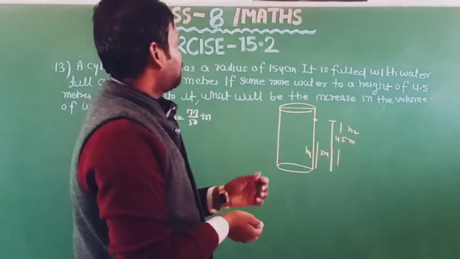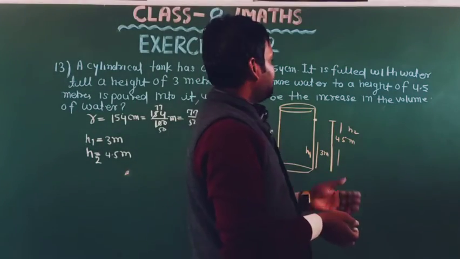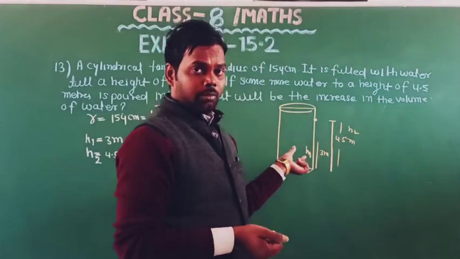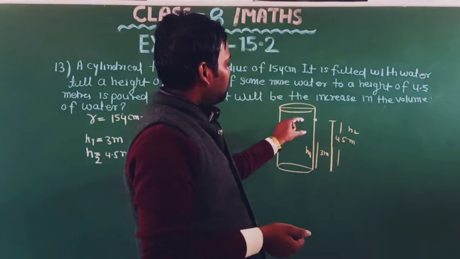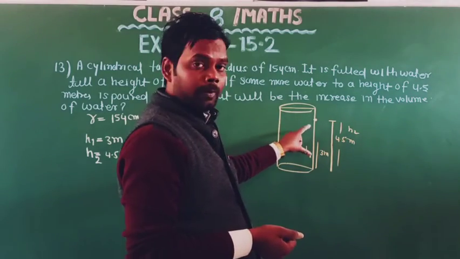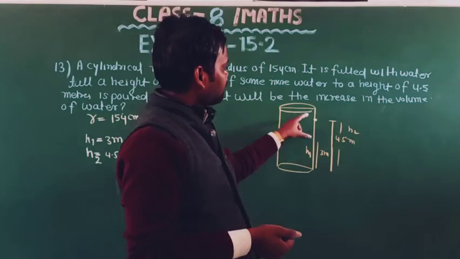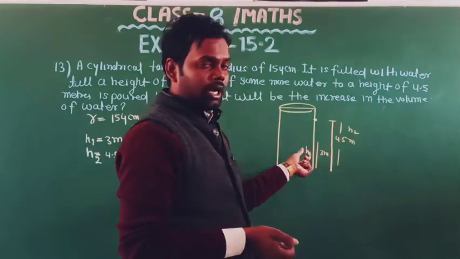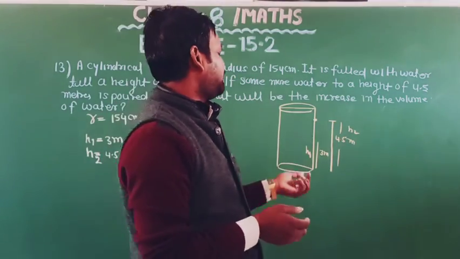So we have to find the increase in the volume. The increase in the volume of water equals the volume of water of height h2 minus the volume of water of height h1.